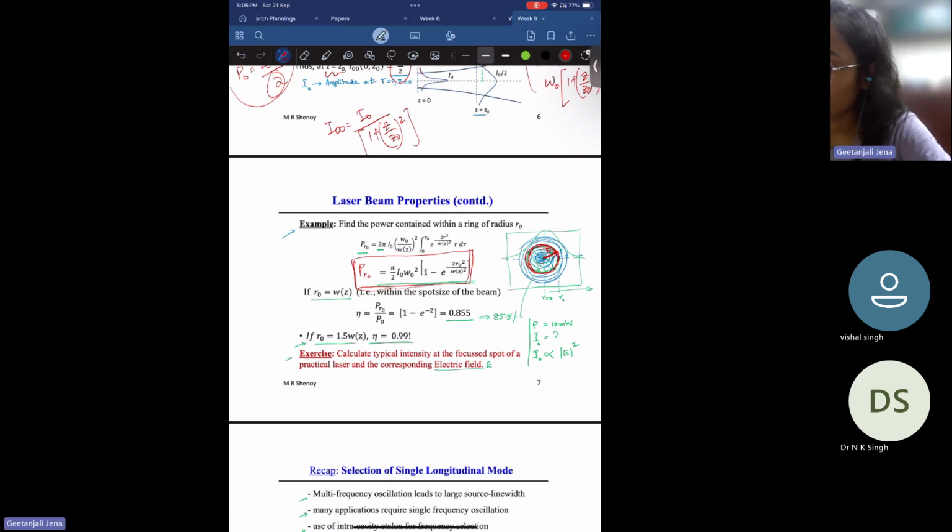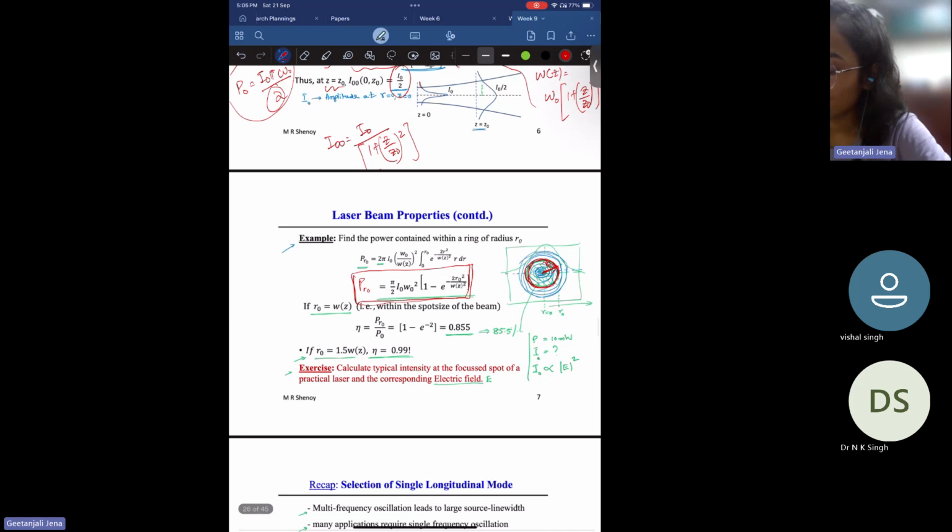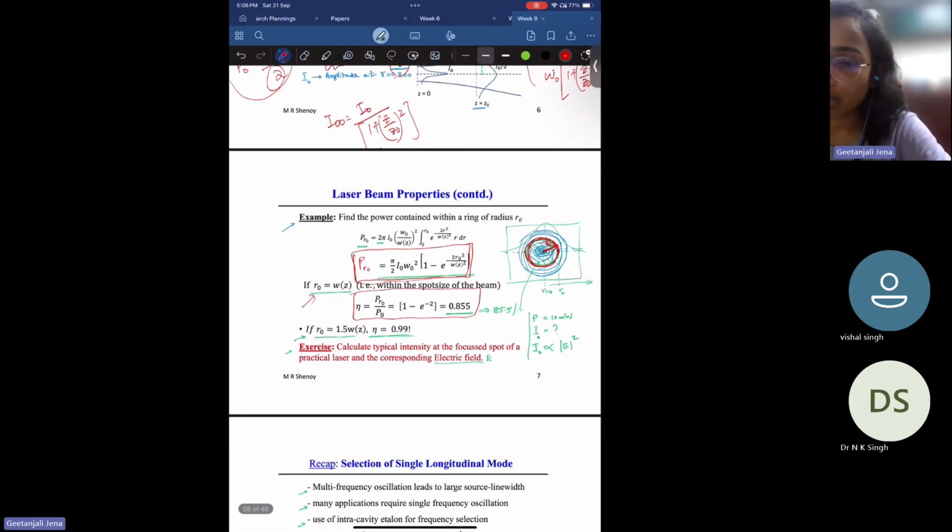You can put different values of R0. Let's say R0 is equal to the spot size W0. For this case, if you calculate the fractional power, it will come around 85%. And if you take another value of R0, where R0 is 1.5 W0, then the fractional power increases to 99% of the incident beam.